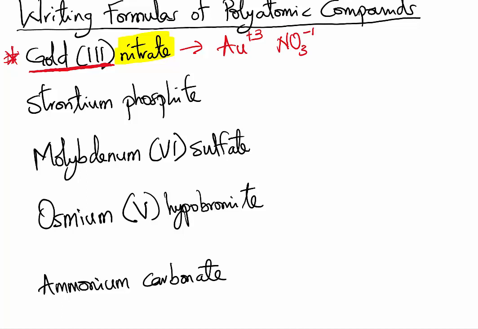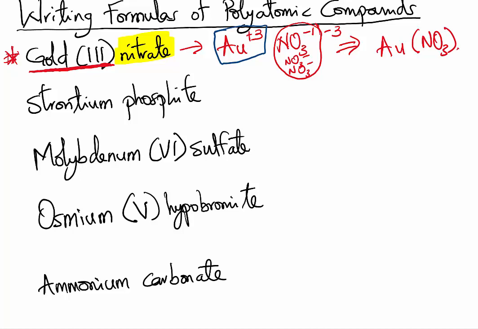Which means to balance out the charges, I will need to have 2 more nitrates, so that the total negative will be -3 to balance out the total positive, which is +3. So the formula for gold 3 nitrate will be Au(NO3)3, because we need 3 of the nitrates.